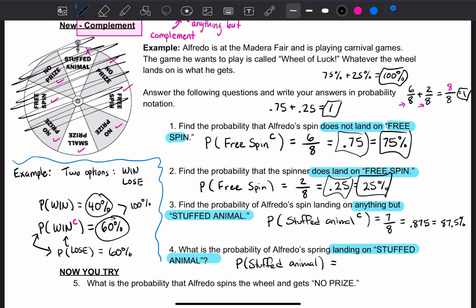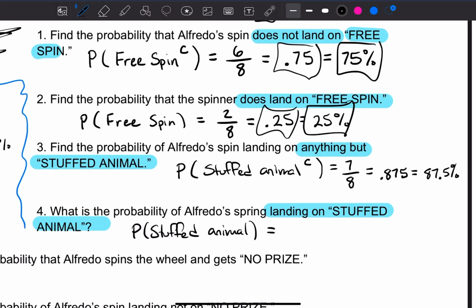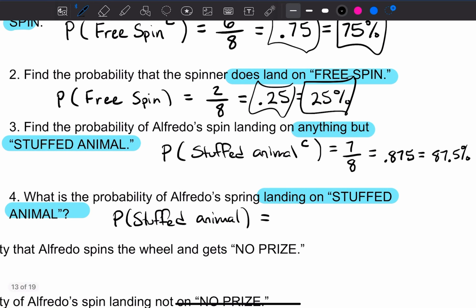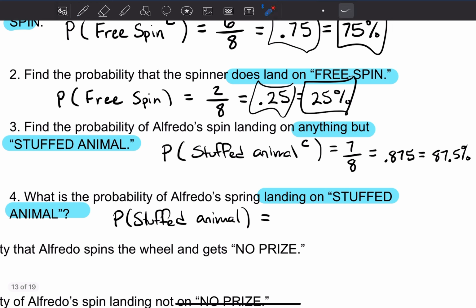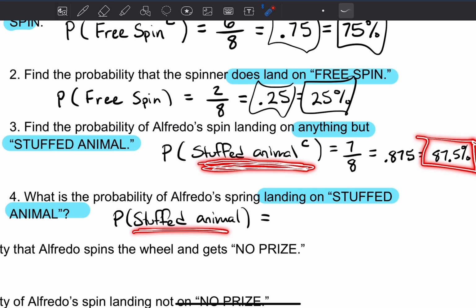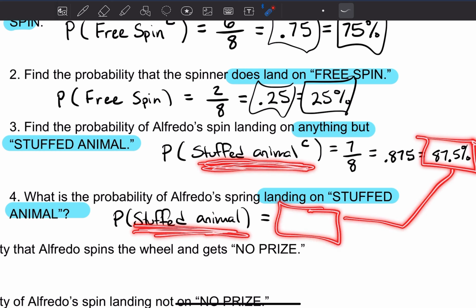So let's ignore the picture for now and just try to do this example by looking at number 3. We know that the probability of anything but a stuffed animal is 87.5. Well, then the probability of stuffed animal, whatever this is, has to add up to 100% together.